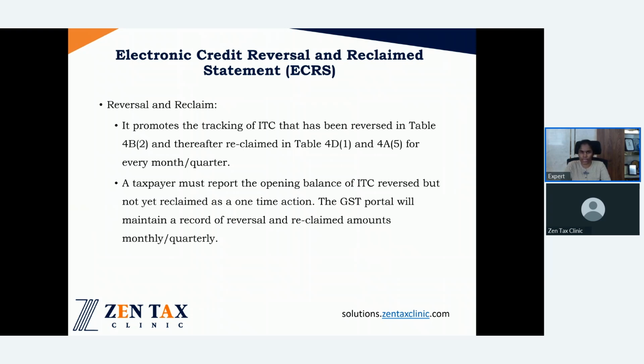But to enable this smooth tracking of ITC reversal and reclaim, the taxpayer should report the opening balance as a one-time measure. Once the taxpayer reports this opening balance, the GST portal, from the subsequent declarations of the taxpayer in subsequent returns, will keep a record of all the ITC reversals and reclaiming that is eligible for the taxpayer.